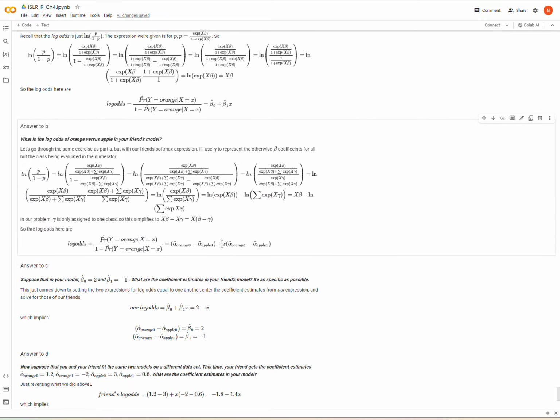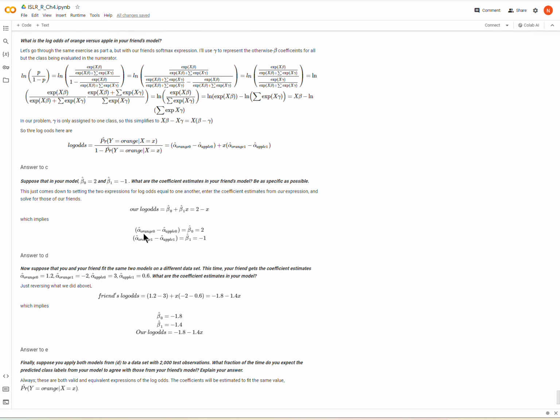We have one part that's not multiplied by x and one part that is multiplied by x, corresponding to beta naught and beta 1 x in our expression. So we see that the difference in the intercepts is 2, which was our beta naught, and the difference in the slopes is -1, which was our beta 1.